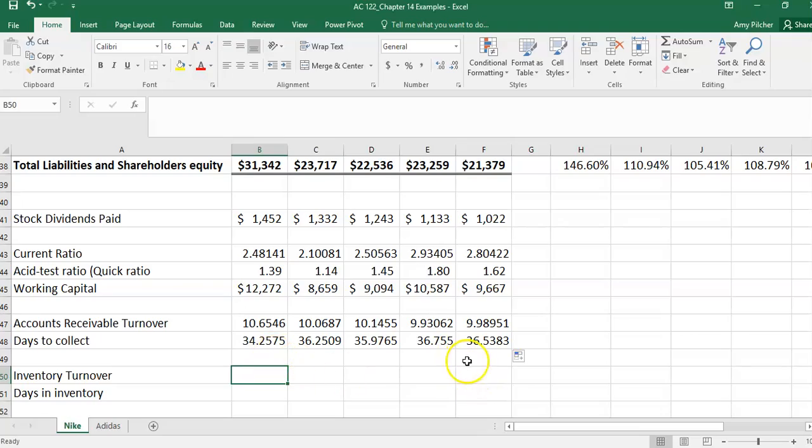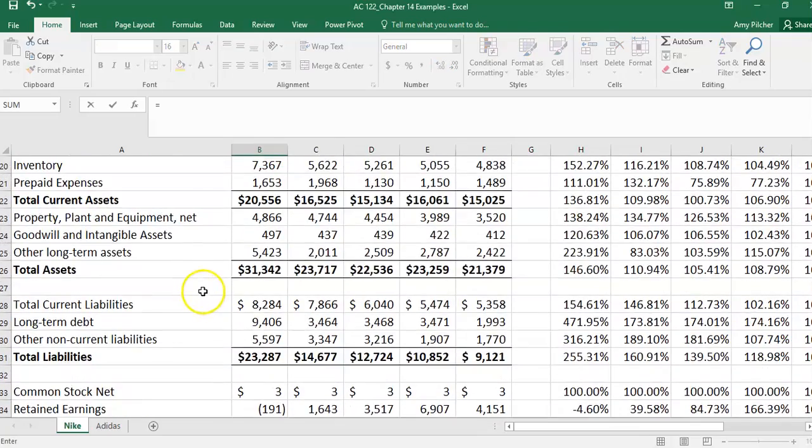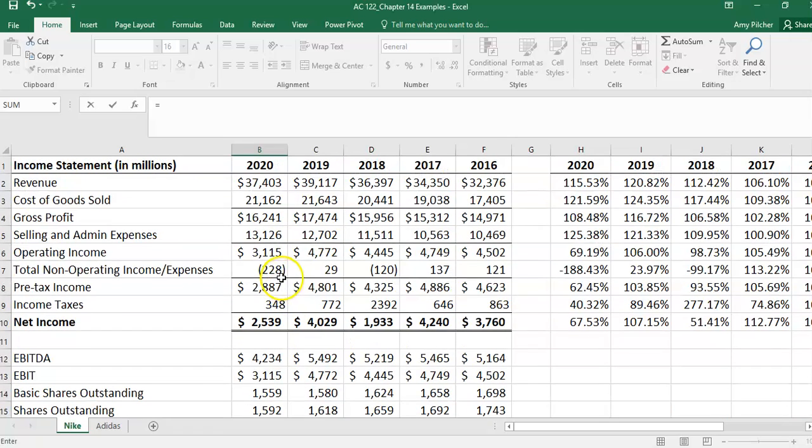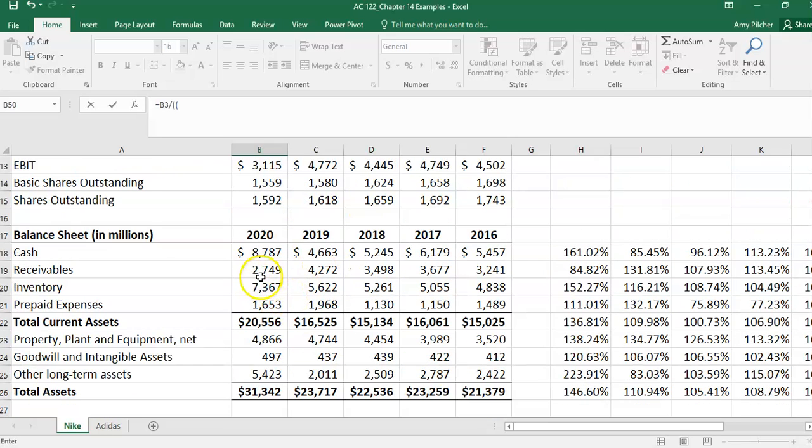For inventory turnover, this is cost of goods sold divided by average inventory. So cost of goods sold divided by average inventory. So inventory from 2020 plus inventory from 2019 divided by 2.